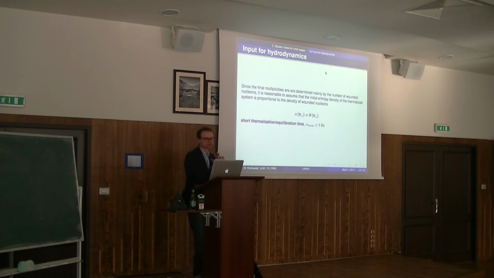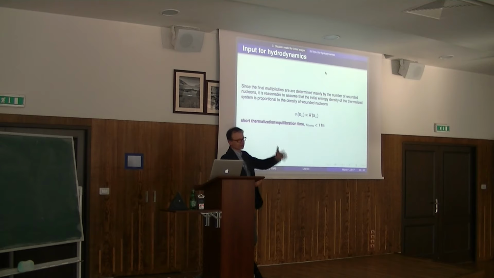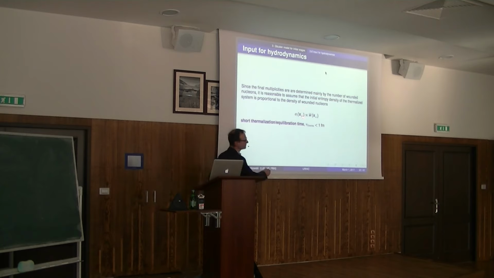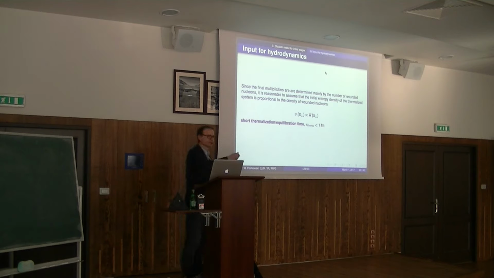This is the traditional approach: having established the density of wounded nucleons in the transverse plane, we said this will be proportional to the entropy density, denoted here by sigma. Then we can start with perfect fluid hydro with such an entropy density. The coefficient is fixed by fitting the normalization of the spectrum.